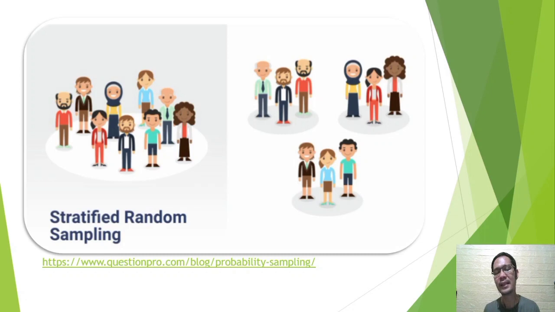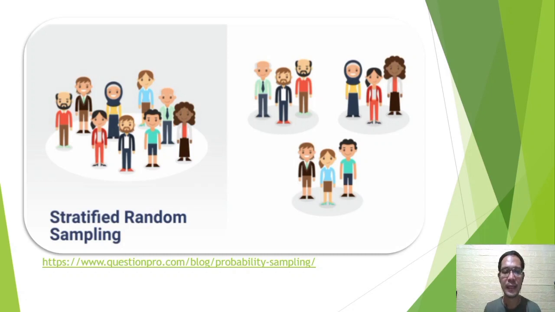So the third is stratified sampling. What is stratified sampling? It is a sampling technique in which the researcher divides the entire population into different subgroups or strata and then randomly picks the final subjects proportionately from the different strata. This type of sampling is used when the researcher wants to emphasize specific subgroups within the population.